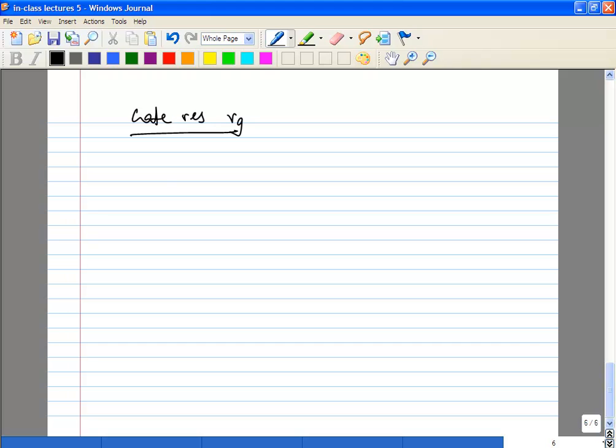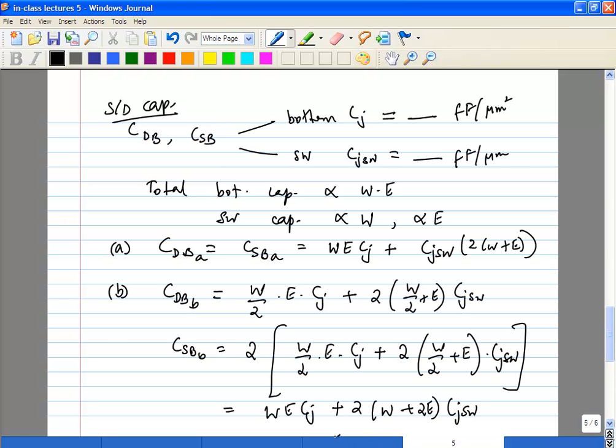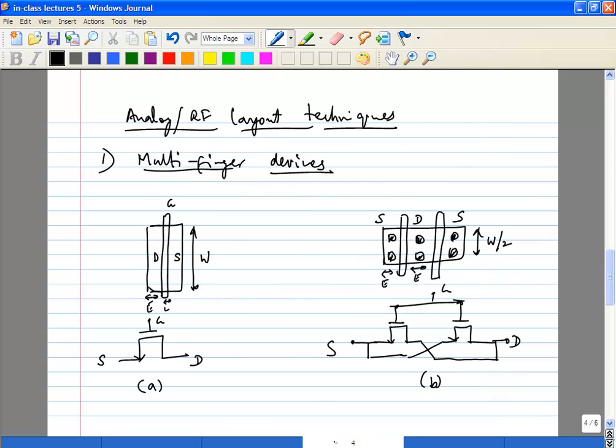We looked at gate resistance, RG. I think we talked about this when you did your LNA project, right? Obviously your gate resistance will now go down because instead of one single long gate, you have 2 gates in parallel. If you look at it very crudely, if you just represent each gate by a bulk resistance, which is not correct, but if you say the total resistance of the gate is Rg, what happens here?